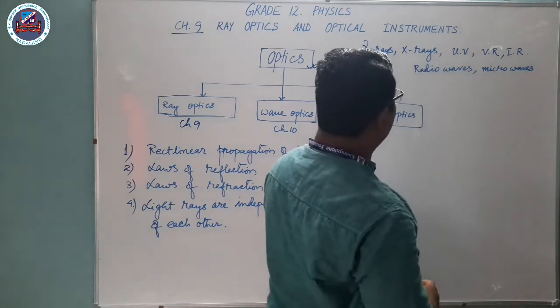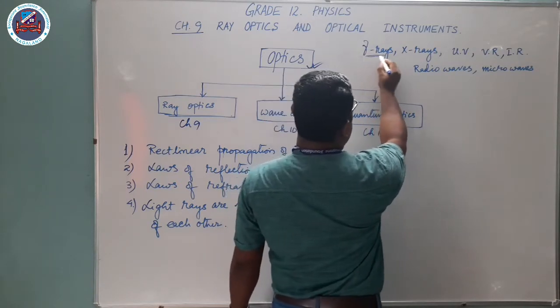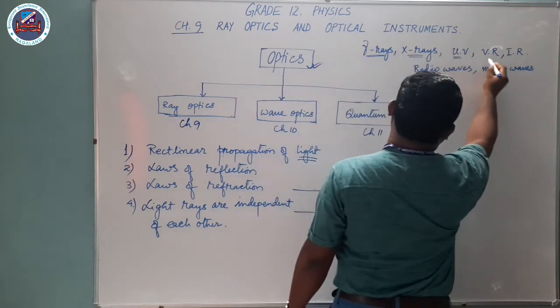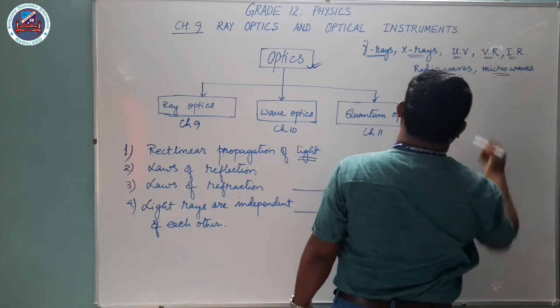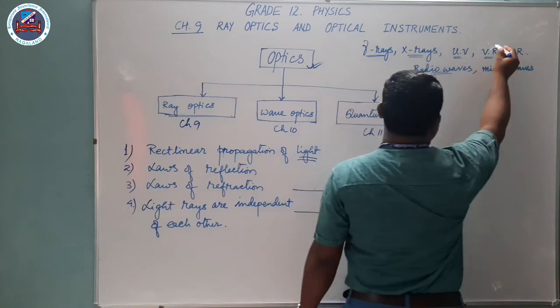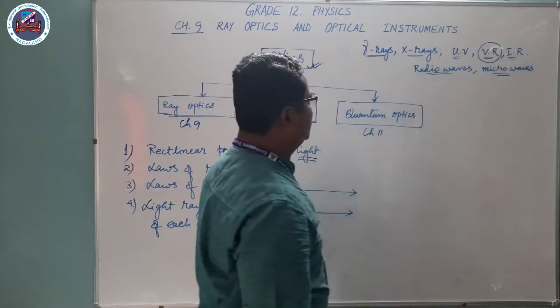These 7 of them together form an electromagnetic spectrum. 1, 2, 3, 4, 5, 6, 7. And we are studying these visible rays that we call light.